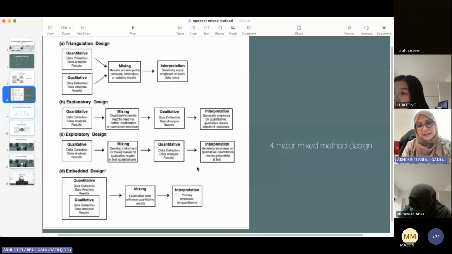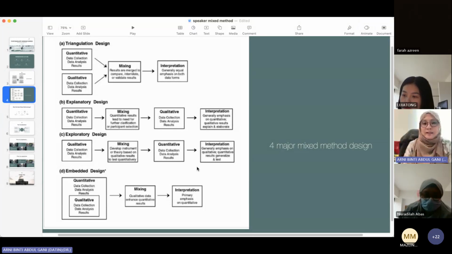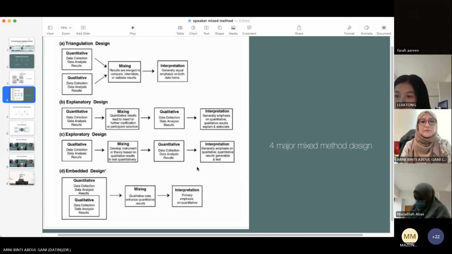So you're going to do your quantitative phase, data collection, analysis, results, and so on. And you are going to do your interpretation as usual, come up with the discussion, findings and everything. And generally in exploratory design, the emphasis is given on the qualitative. And quantitative is basically just to test what you have come up with from your qualitative.